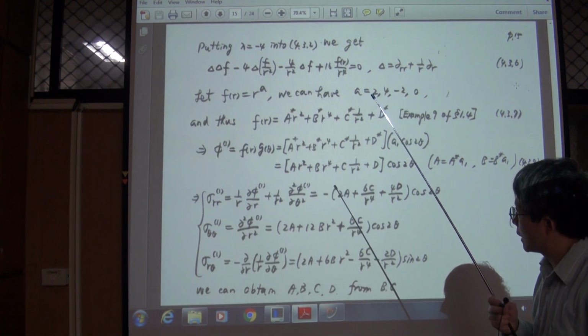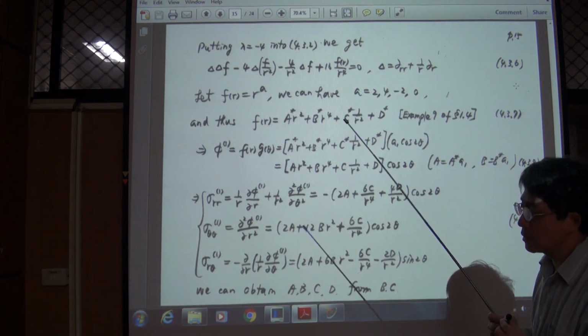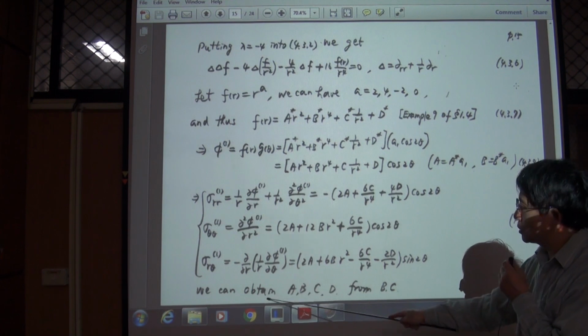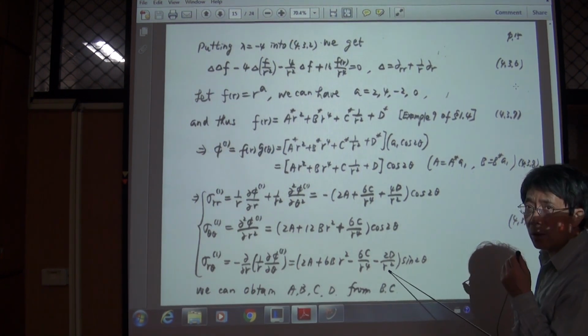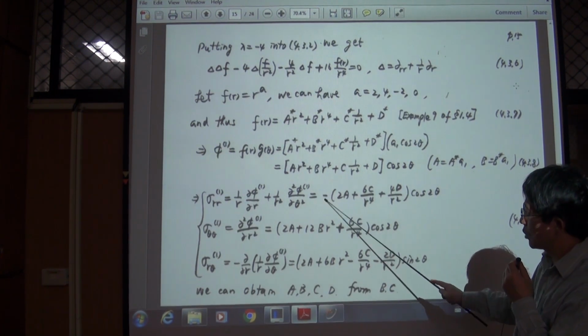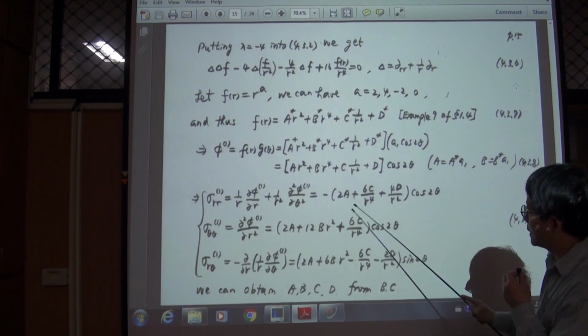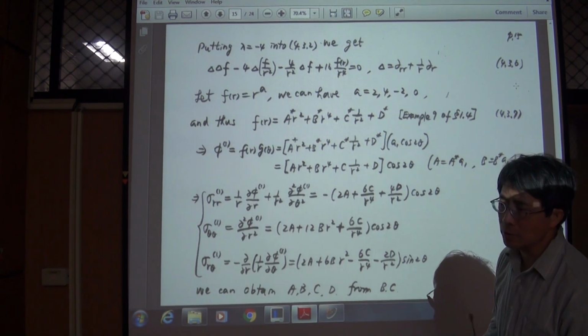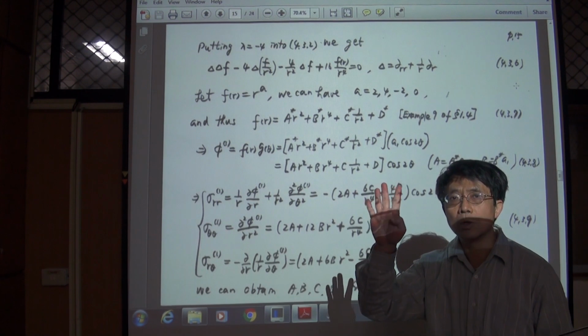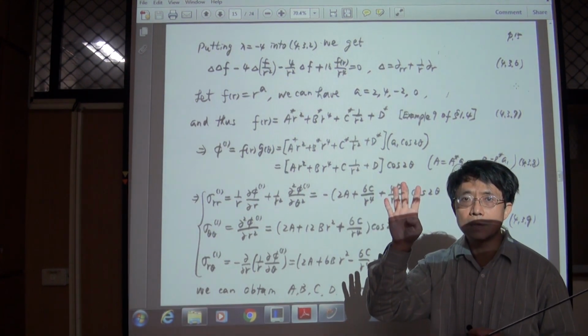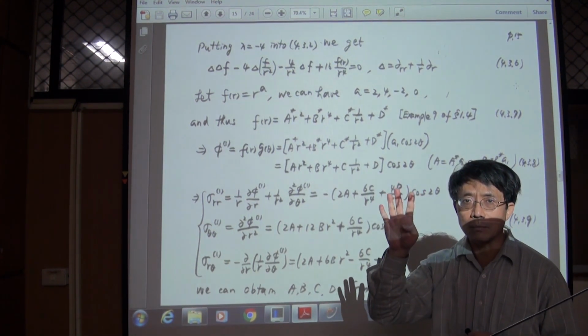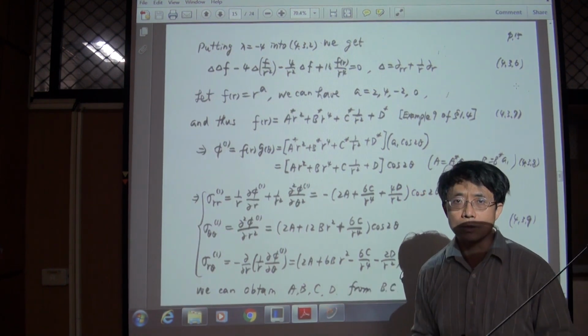How can we determine these unknown constants? We use the boundary conditions to help us determine A, B, C, D. How many constants to be determined? 4 unknown constants. So we need 4 conditions, right?